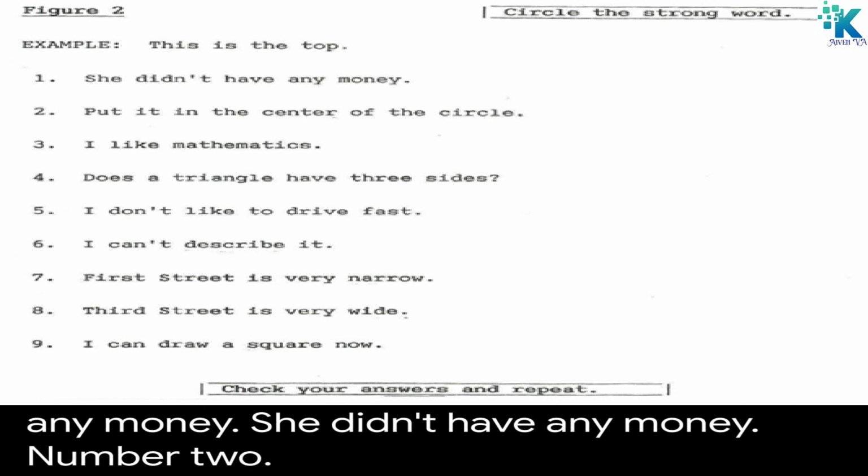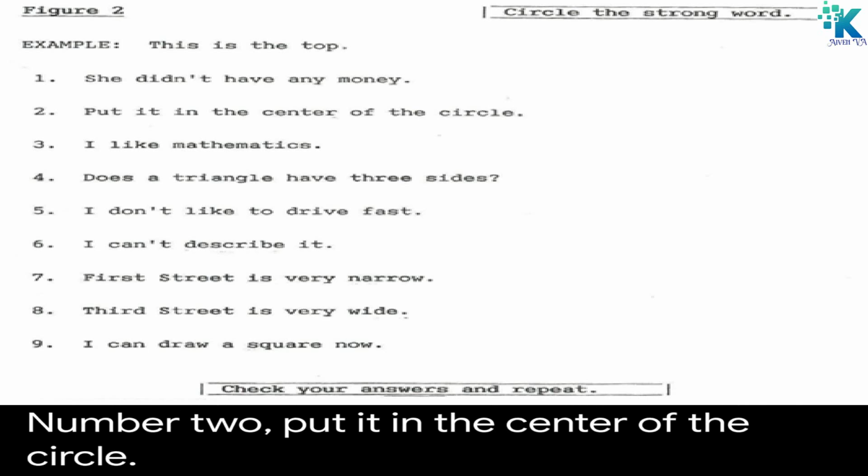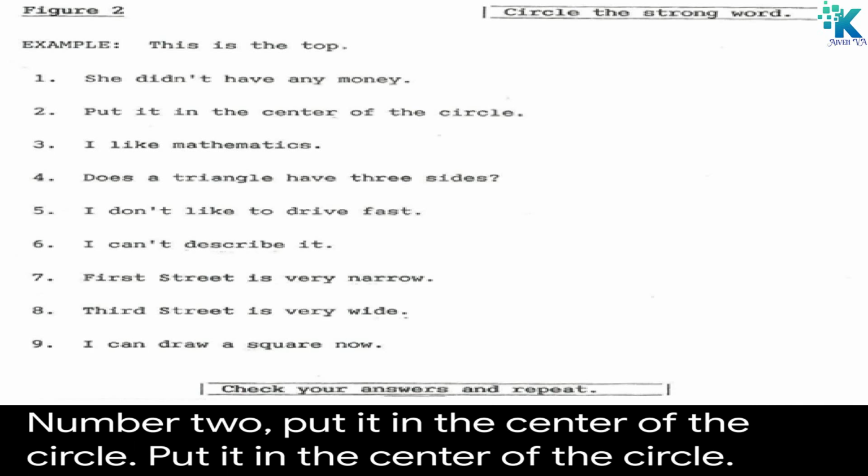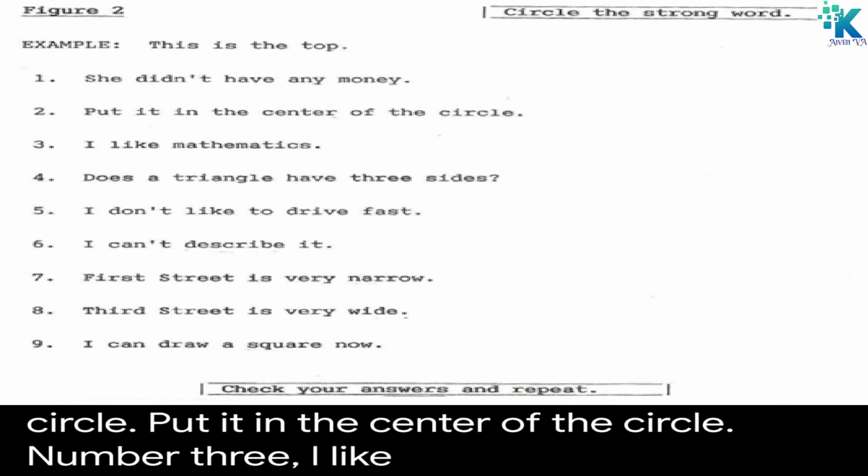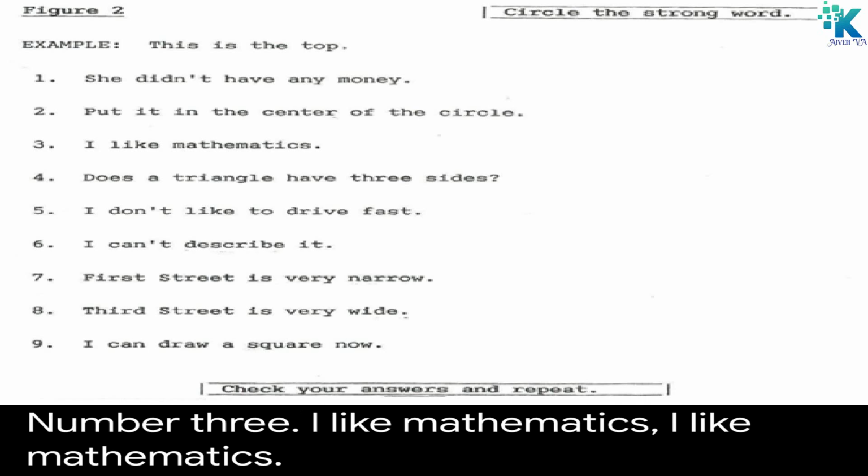Number 2. Put it in the center of the circle. Number 3. I like mathematics. Number 4.